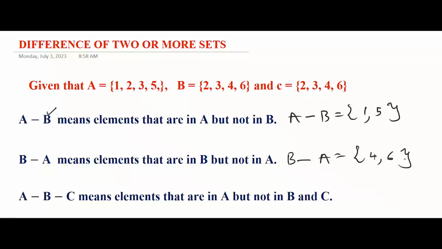Then the last one here is A difference B difference C, which means all the elements that are in A but not in B and C. So that is the meaning.